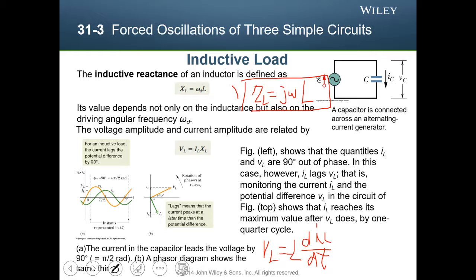So you take the Fourier transform on both sides, you have VL equals L times the time derivative. Taking the Fourier transform, it becomes j omega and IL. So we define ZL as VL over IL. Then it becomes j omega L.